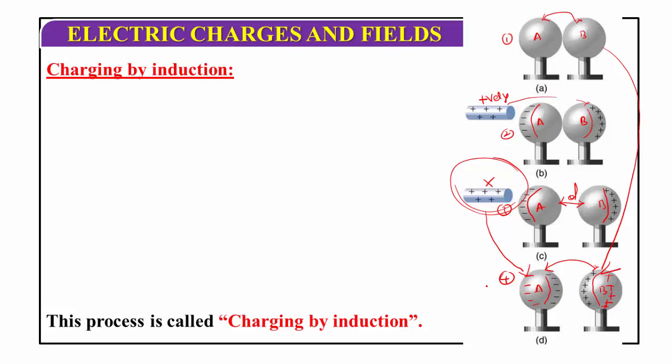One body loses electrons, another body gains electrons. The body which loses electrons is called the positively charged body. The body which gains electrons is called the negatively charged body. The second process is charging by conduction, a process of charging in which a good conductor is placed in touch with a charged body.